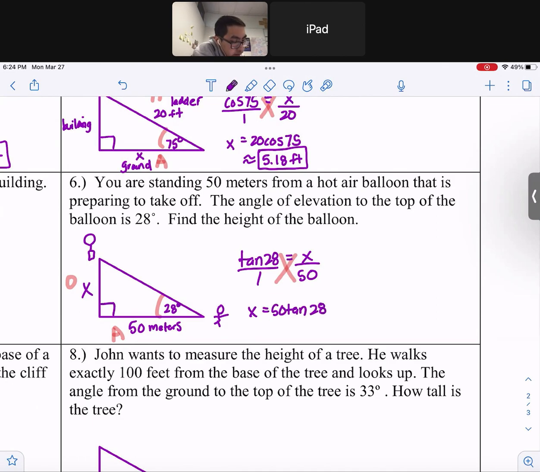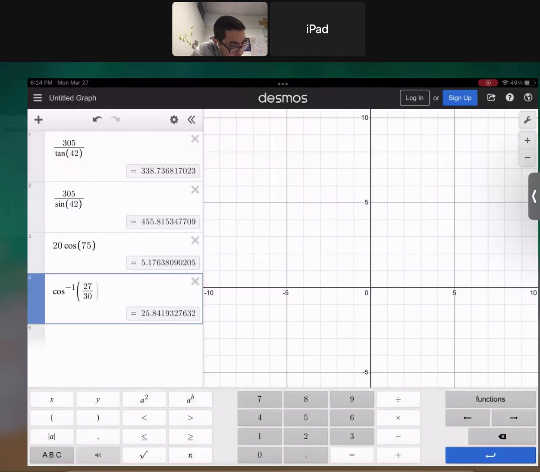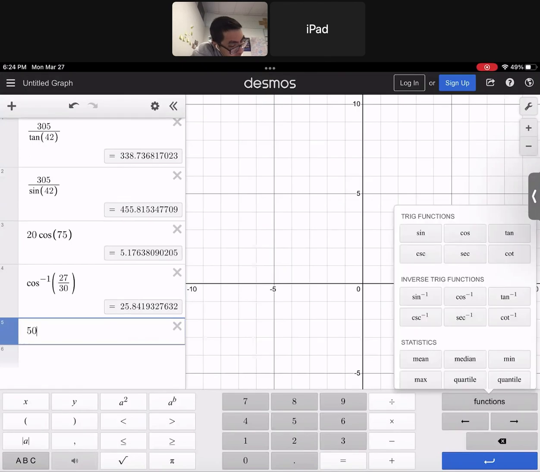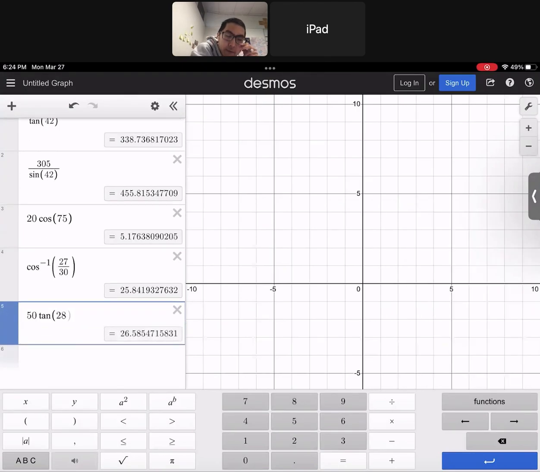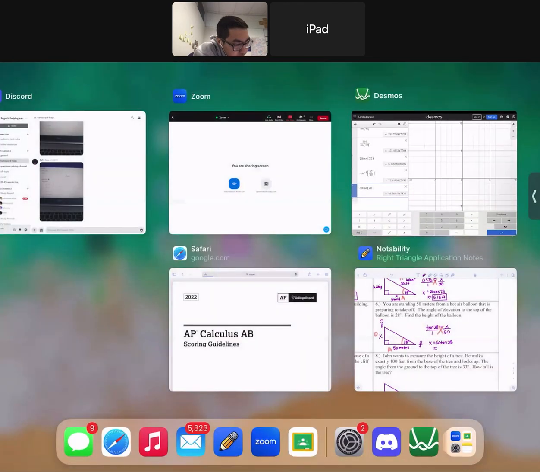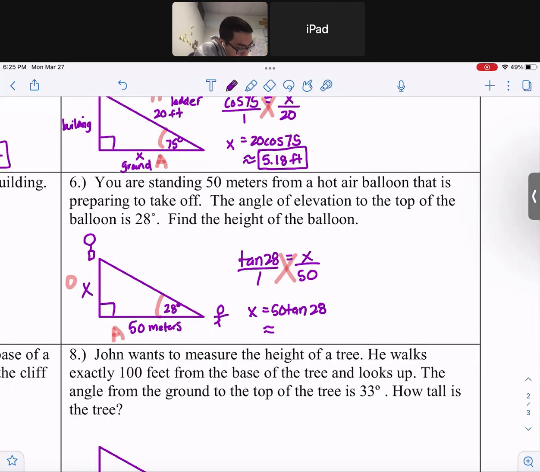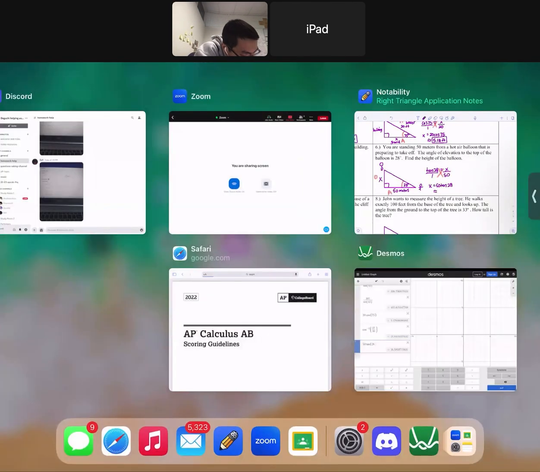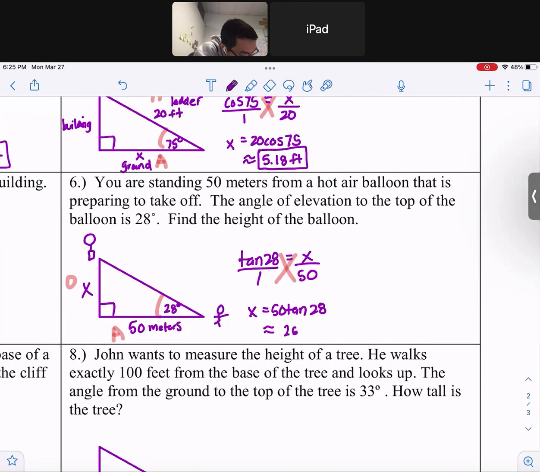And if we calculate what 50 tan 28 is in the calculator, 26.59, rounded to the nearest hundredth. 26.59 units, meters.